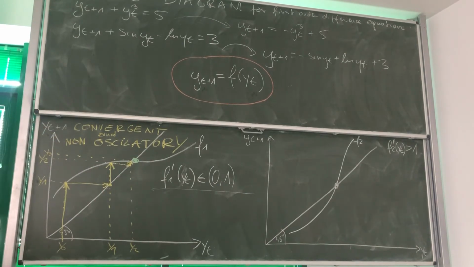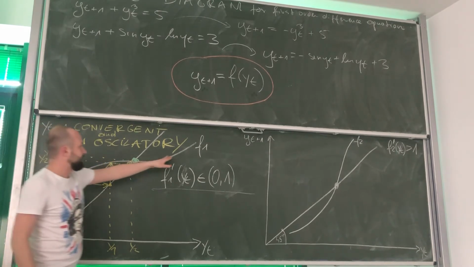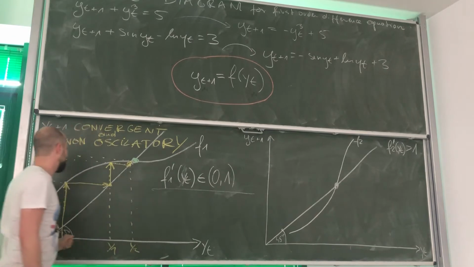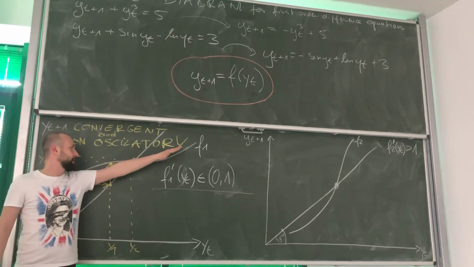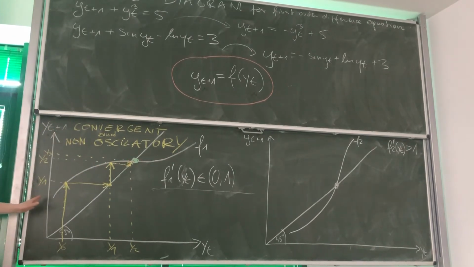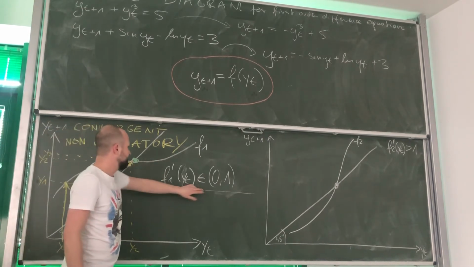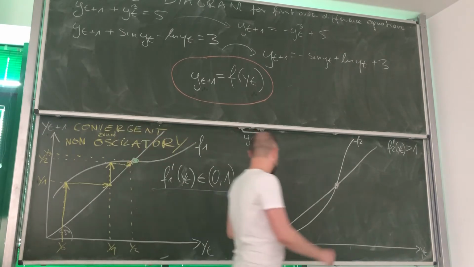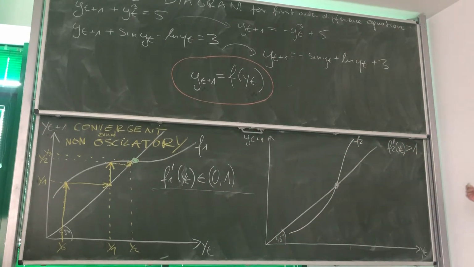So look, if you see a phase diagram like this, where the function that connects yt to yt plus 1 is upward sloping, and its slope is between 0 and 1, we will have a convergent and non-oscillatory time path.